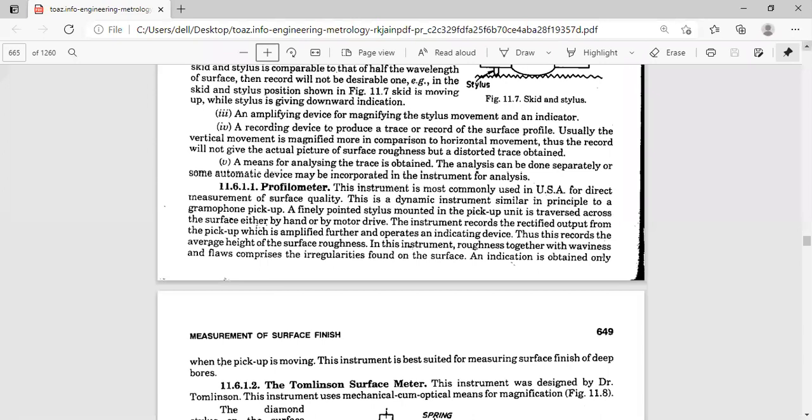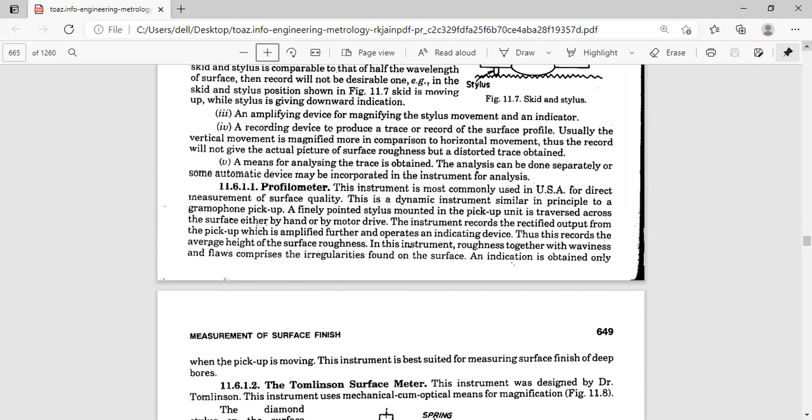So in the recording device, in the stylus probe instruments, the direct measurement instruments, because they are using the stylus probe, the vertical movement is magnified more in comparison to the horizontal movement. That's why I already told you the vertical movement magnification is 10,000.